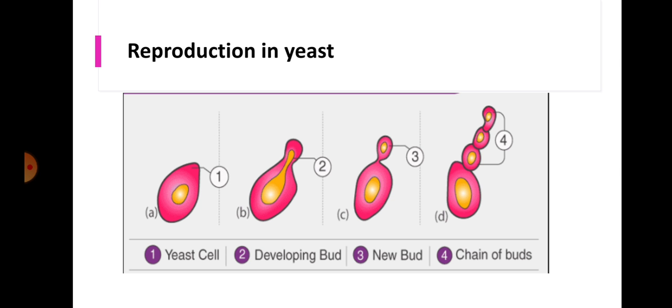The small bulb-like projection you see in the microscope, coming out of the yeast cell, is called a bud. Yeast reproduces asexually through budding. Yeast is an organism with a single cell.